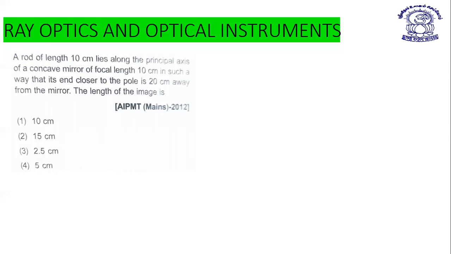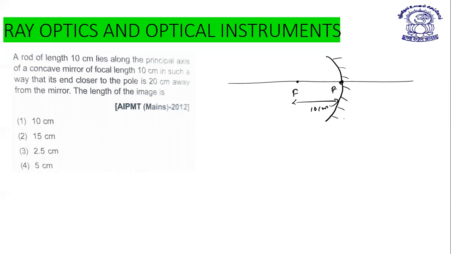The length of the image is. There is one concave mirror of focal length 10 centimeter. This is the pole and this is the focus. This distance is 10 centimeter.